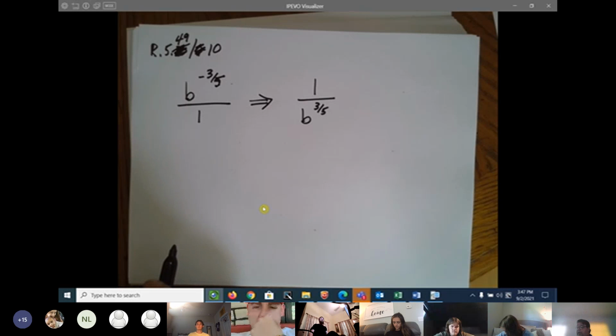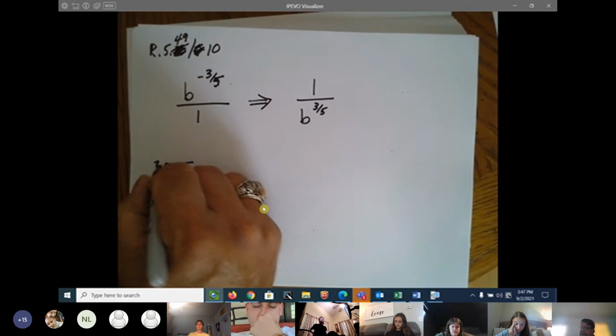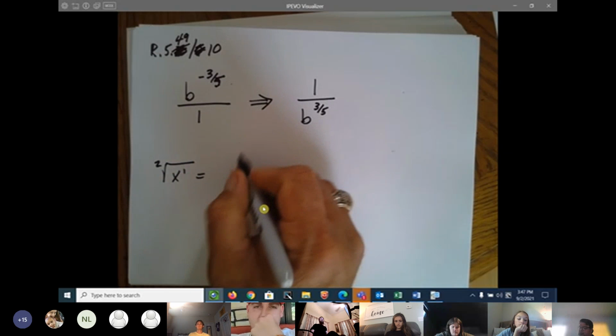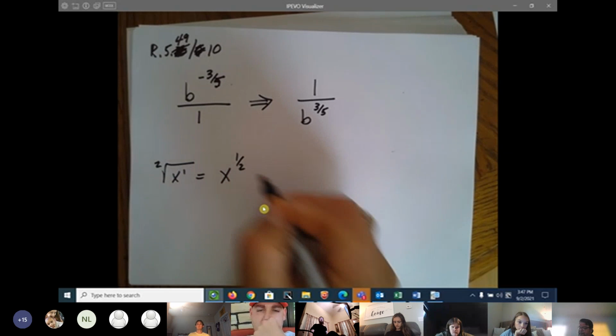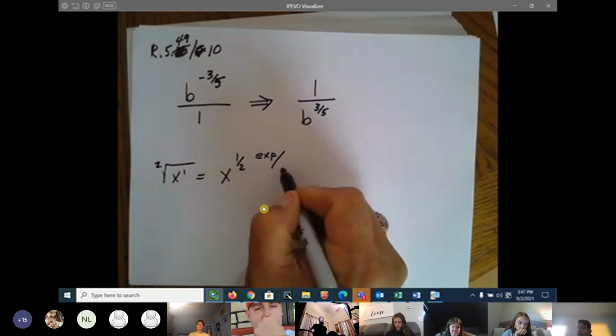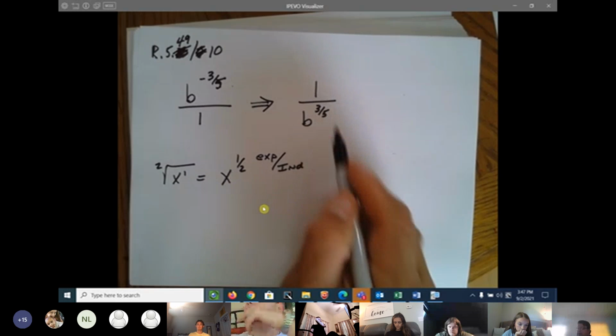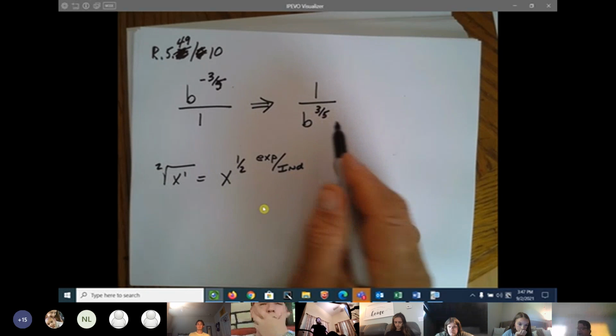What next? Well, we know that the square root of x to the first power is equal to x to the 1/2, which says exponent over what? Exponent over index. So what does this say? B to the 3rd, take the 5th root.